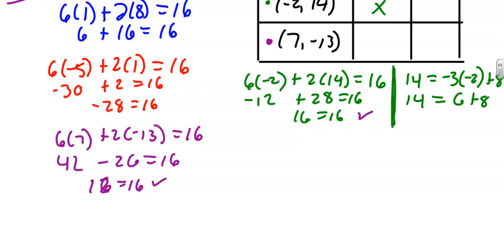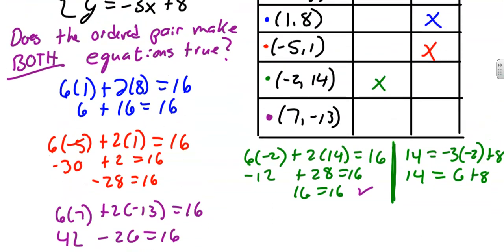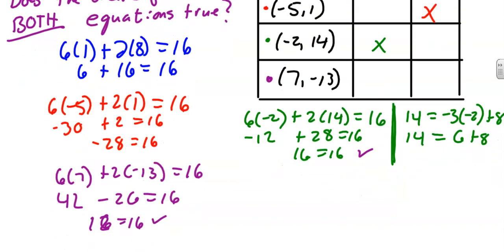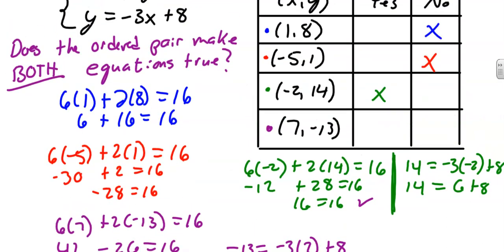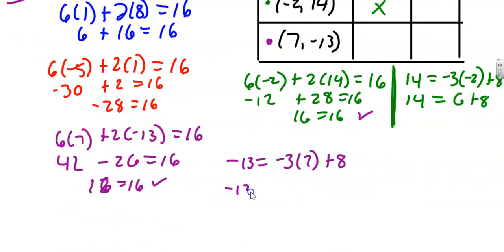So, again, got to check the second equation. First equation is good, now we got to check the second one. Y equals negative 3x plus 8. So y equals negative 3x plus 8. Negative 13 does equal negative 13, so that one also checks out. So in that case, we get two answers for that part.